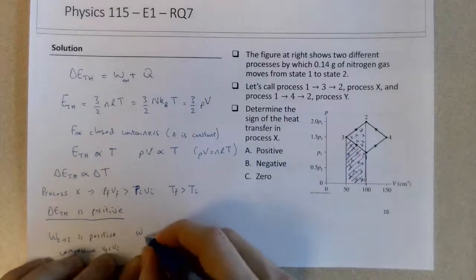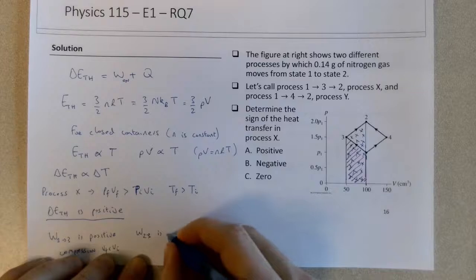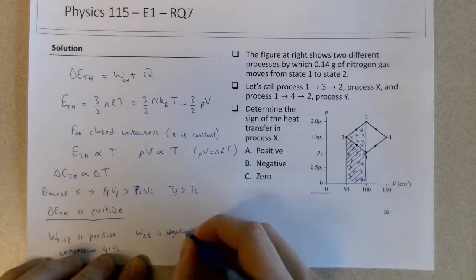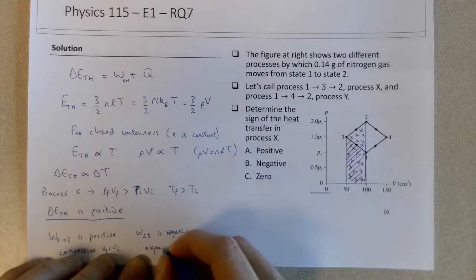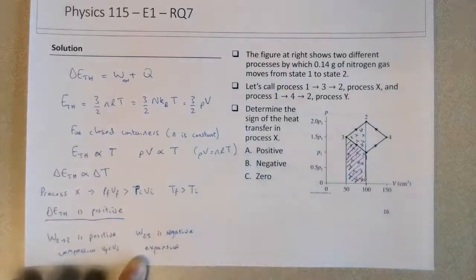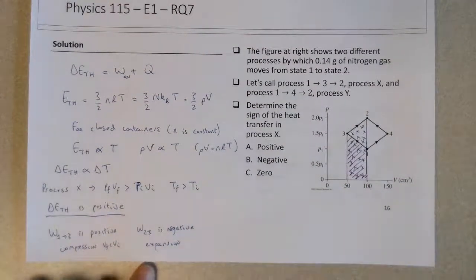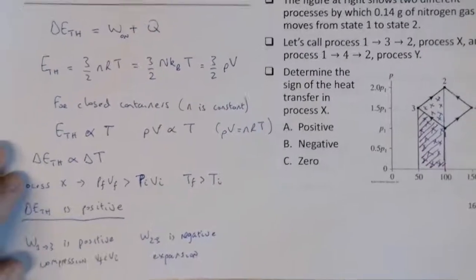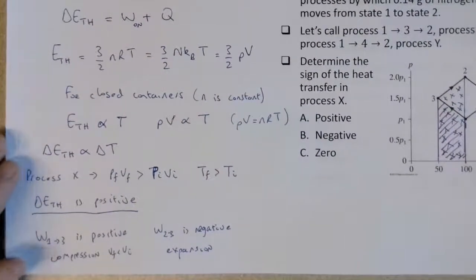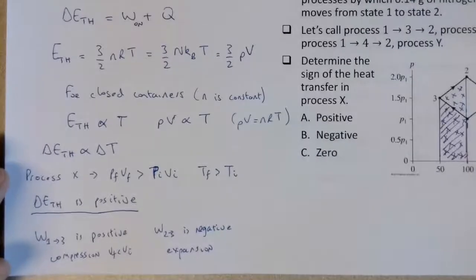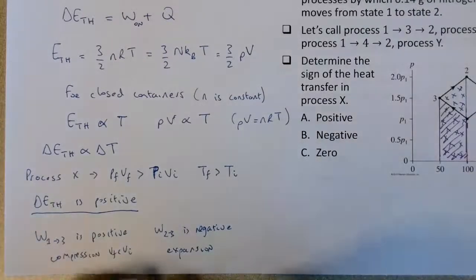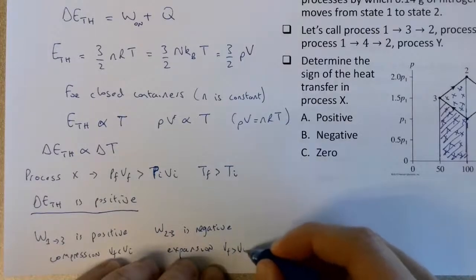So the work done from 2 to 3 is negative. That's an expansion, and that's because V final is larger than V initial.